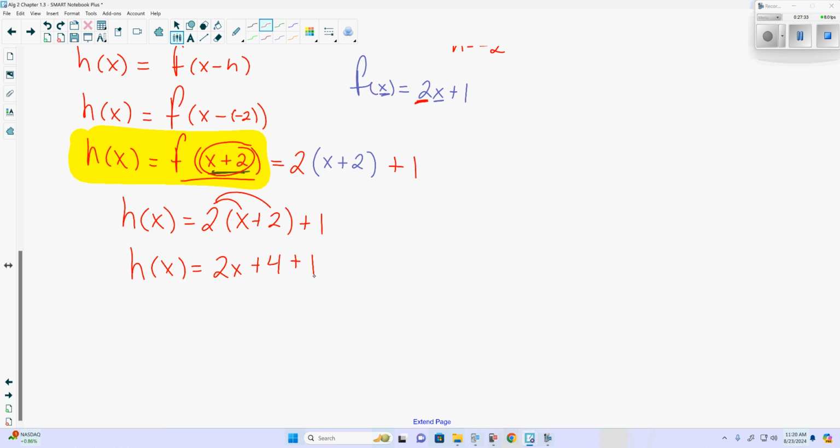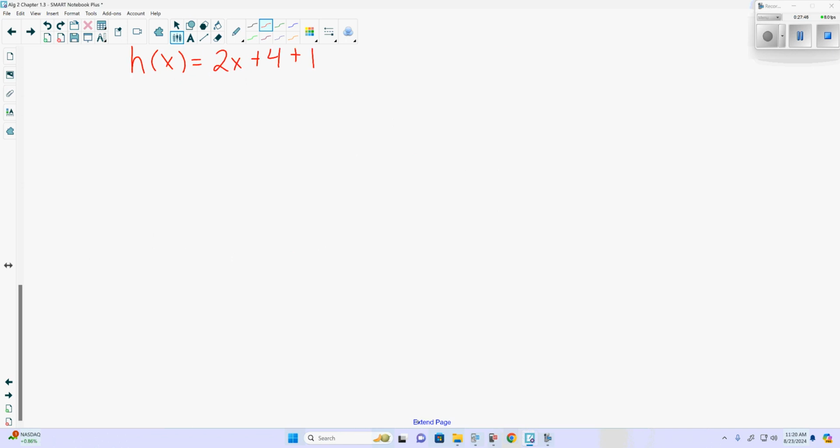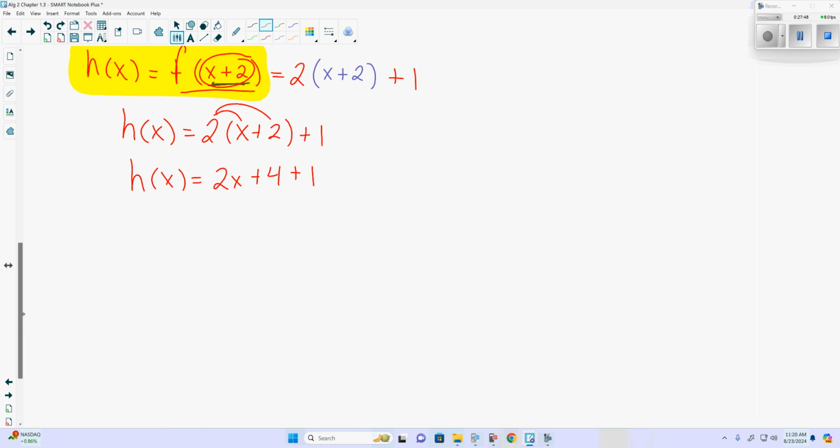So our 2 times x is 2x. Our 2 times positive 2 is going to be positive 4. And we still have our plus 1. So we need to add our like terms. So h of x is equal to 2x plus 5. And that is finished.